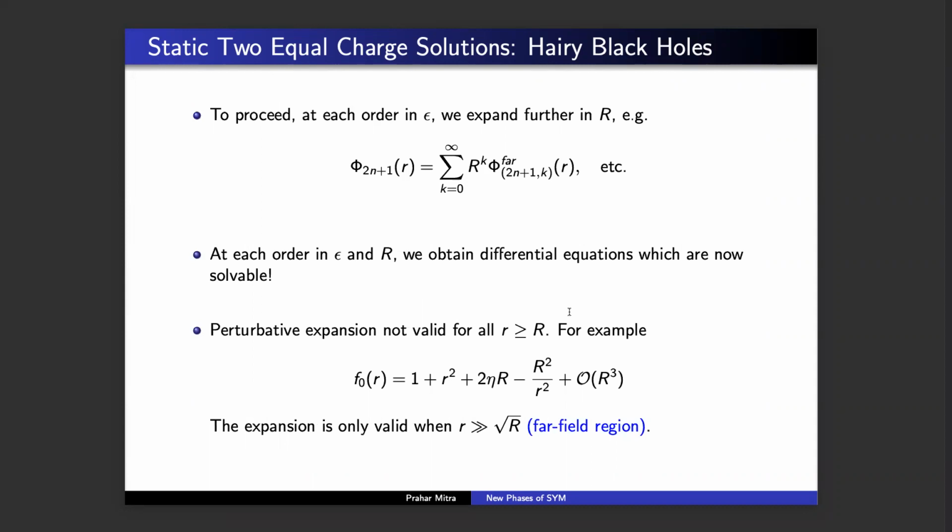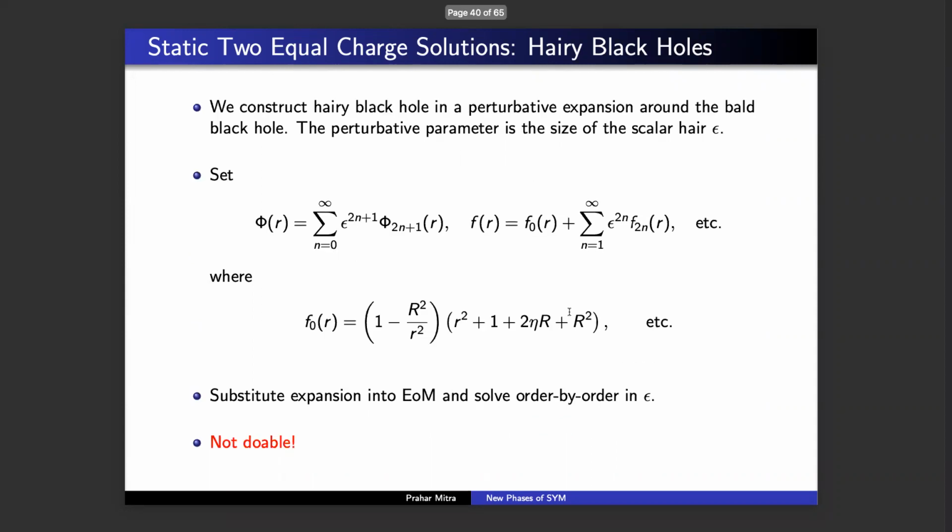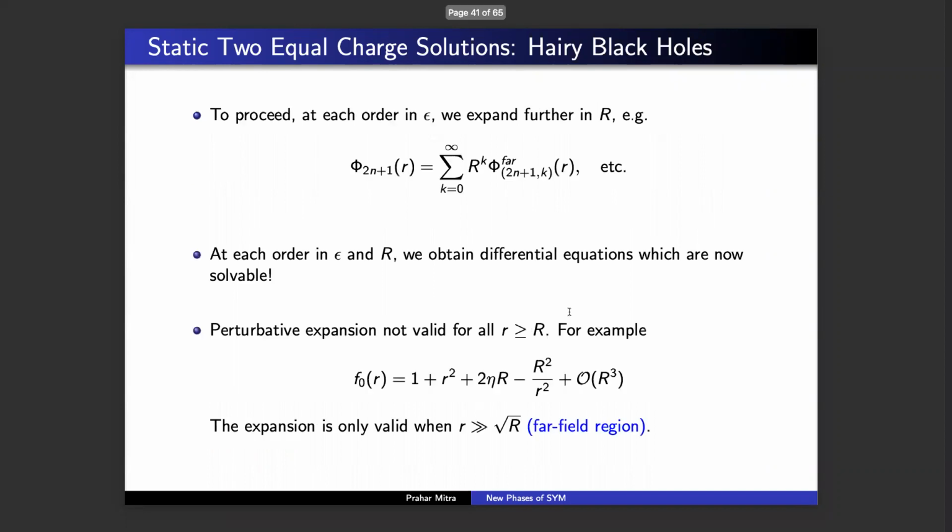Okay, sounds good. However, the problem, of course, is that when I said you take R to be small, I was keeping small r finite in that limit. That means that this expansion that I'm doing is only valid when I'm sitting really far away from the black hole. If I'm sitting near the horizon of the black hole, then the radial coordinate is of the same size as capital R. So this perturbative expansion is only valid when my radial coordinate is very large compared to the square root of R, which you can just see from this expansion right here.